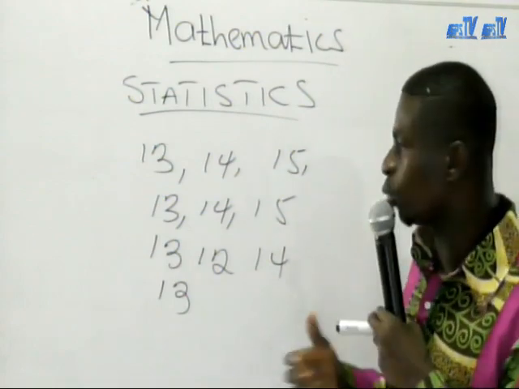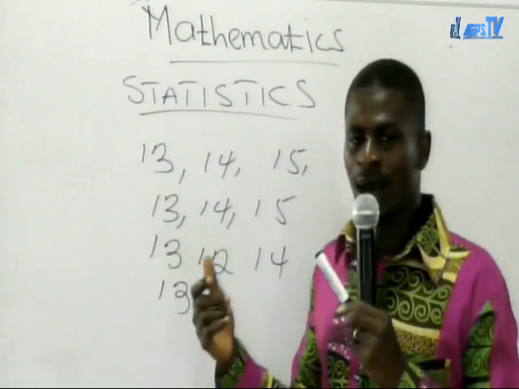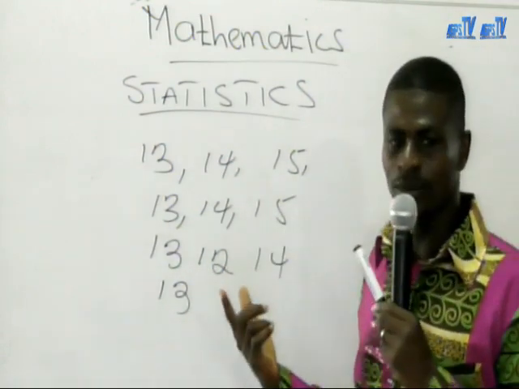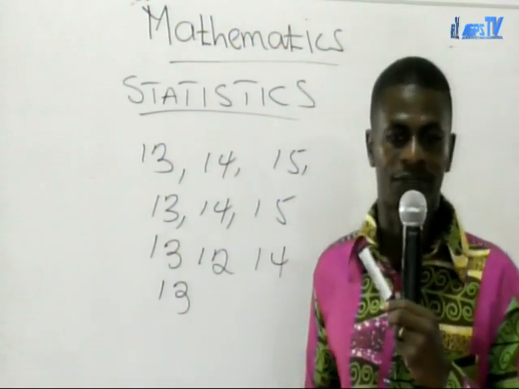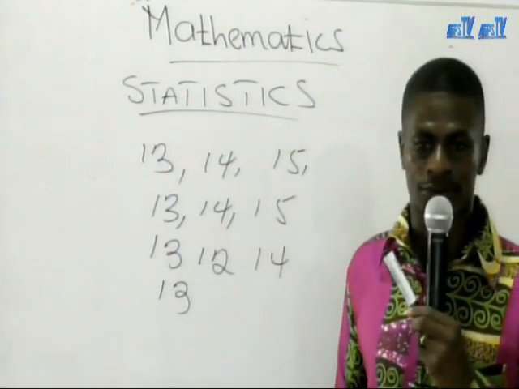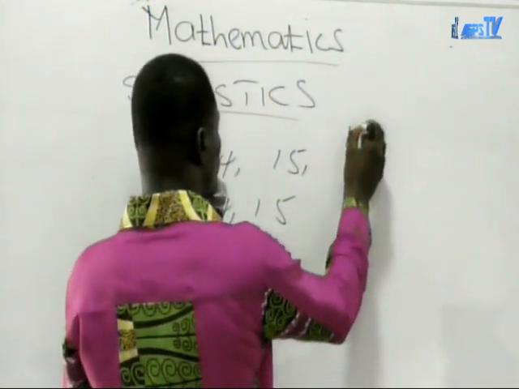So I might decide to group the ages. So out of the 10, I will count those who are 13, count those who are 14, count those who are 15, and those who are 12. And so I can group my ages.